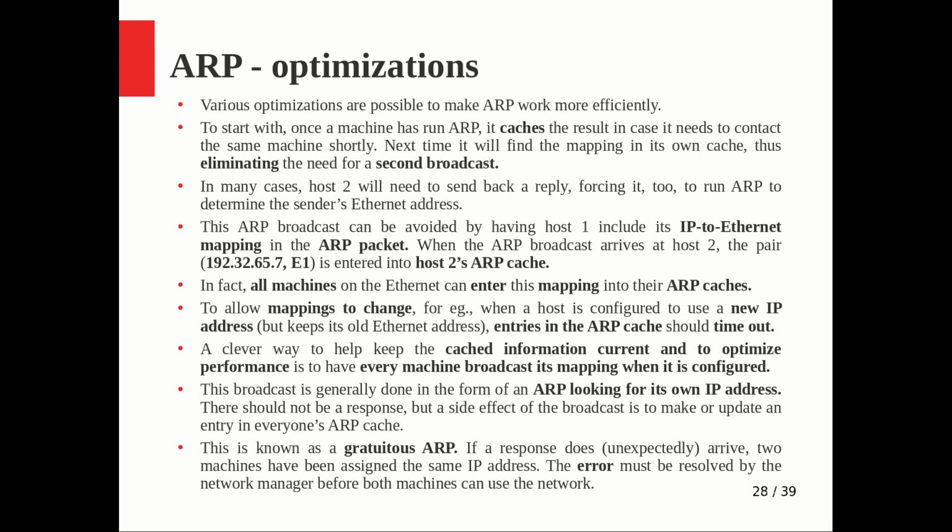But how to deal with this? If a response does unexpectedly arrive, two machines have been assigned the same IP address, and that will lead to some conflicts. So the error must be resolved by the network manager before both machines can use the network. In such a case, it should be informed, so that the cache entry conflict with the same IP address is noticed. It can be triggered as an interrupt to the network administrator, and the network manager can manually handle it.